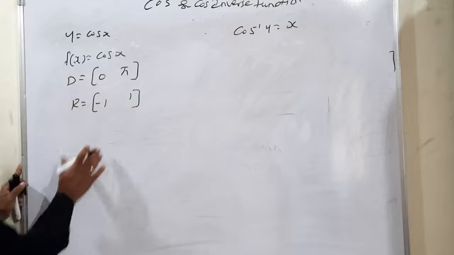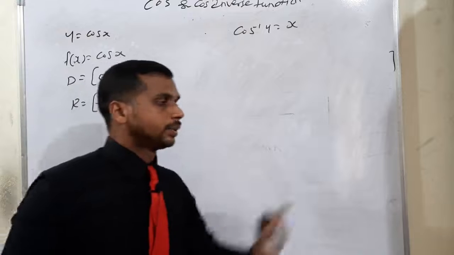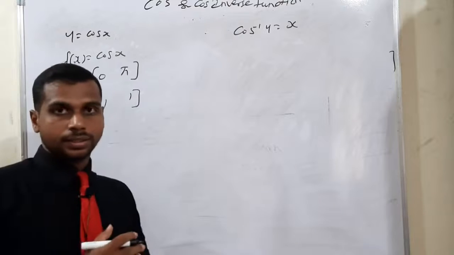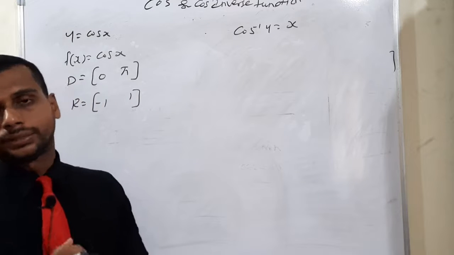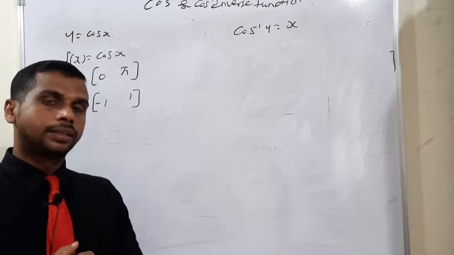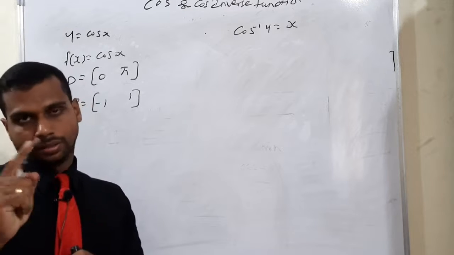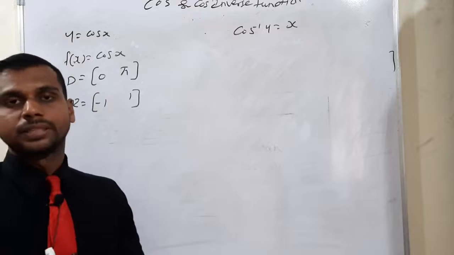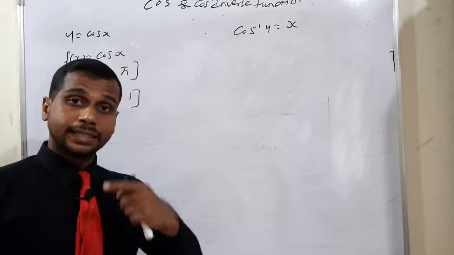This is cos x. But before moving to the inverse, first you have to check whether cos x is 1 to 1. You can say it is 1 to 1 when a horizontal line meets the graph at only one point.